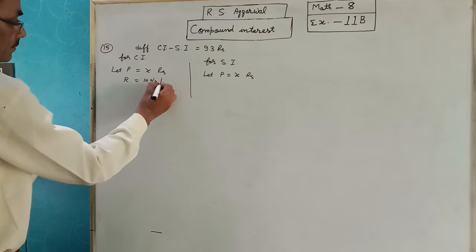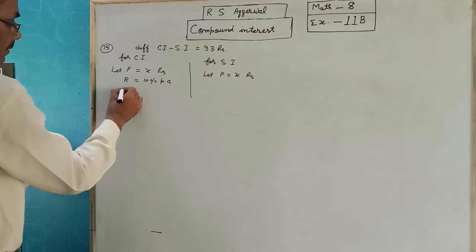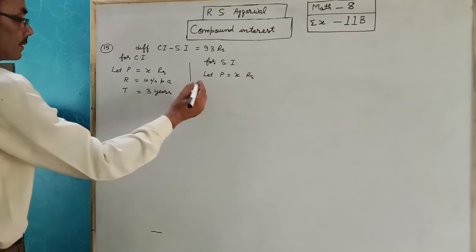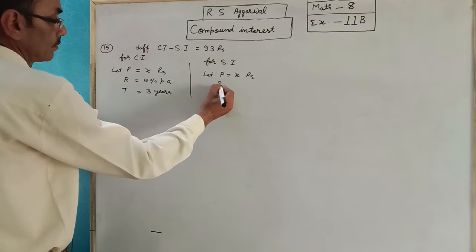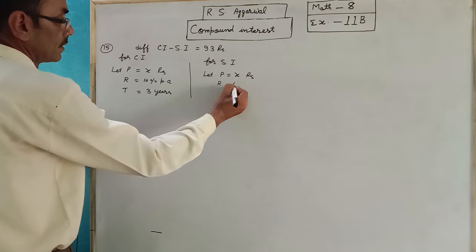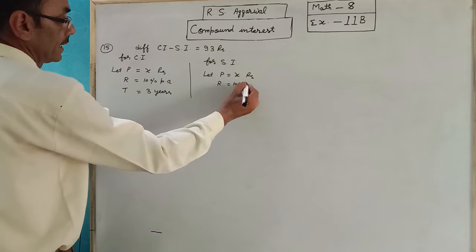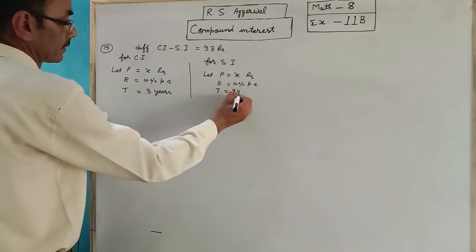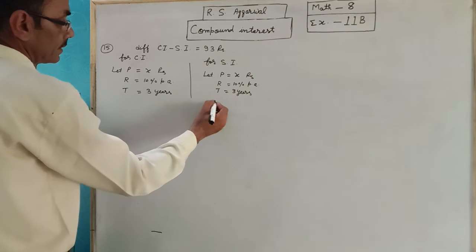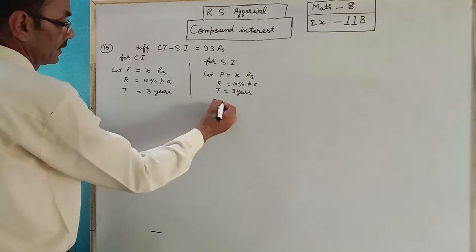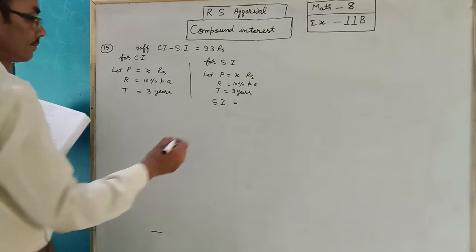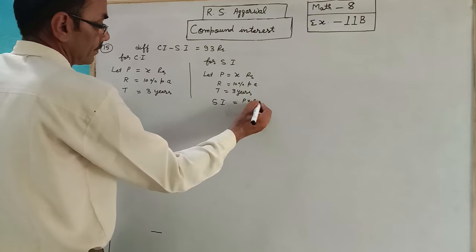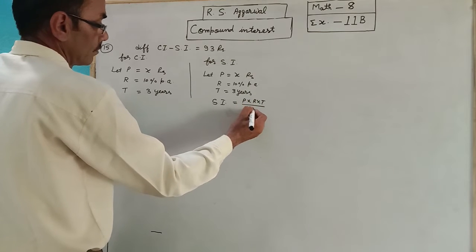10% per annum. Time is equal to 3 years. SI will be formula P into R into T upon 100.